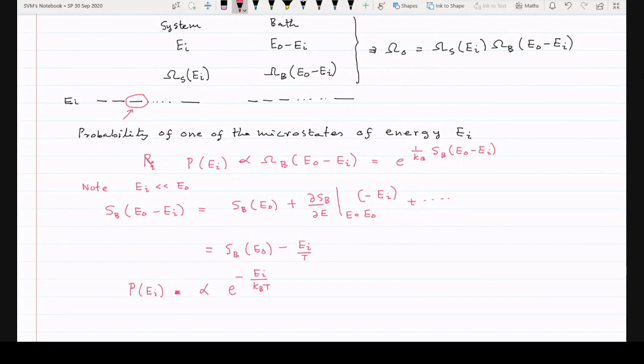This part is some constant which I can simply dub as a constant, and we don't have to bother about it because now I am writing it just as a proportion. Now this factor is called the Boltzmann factor.